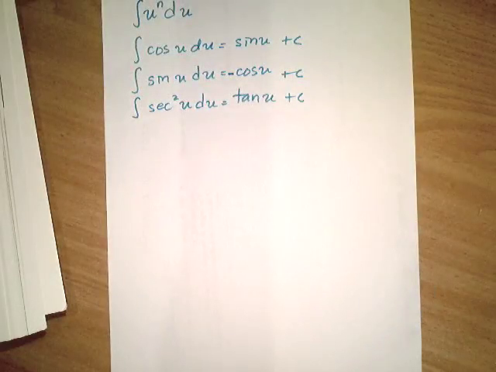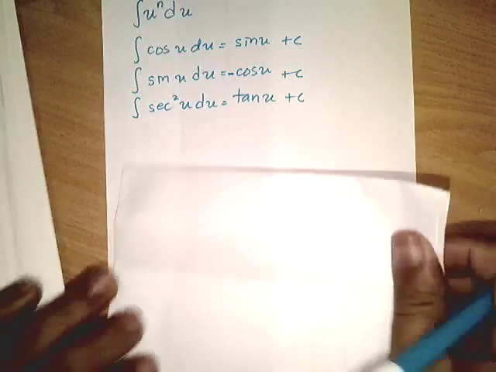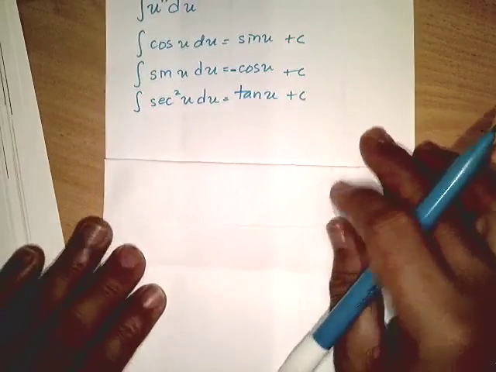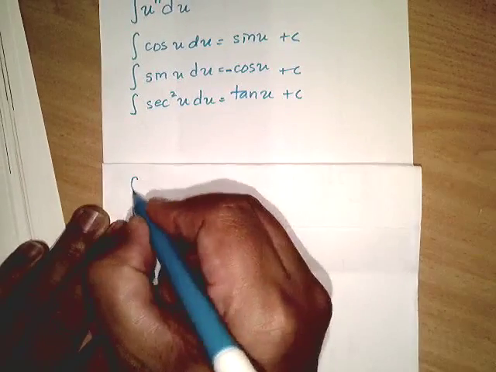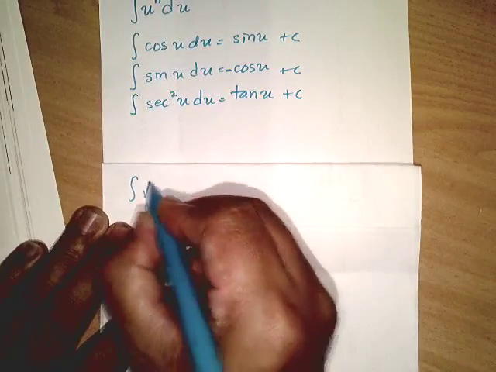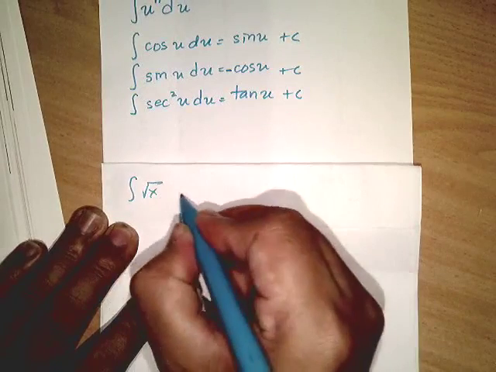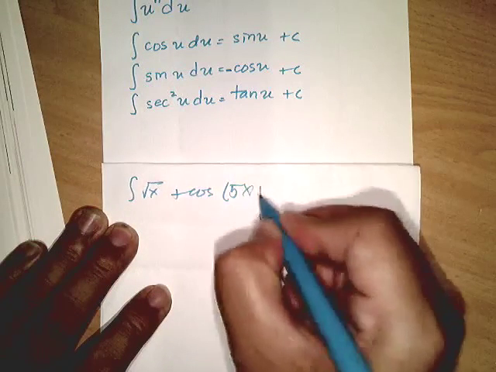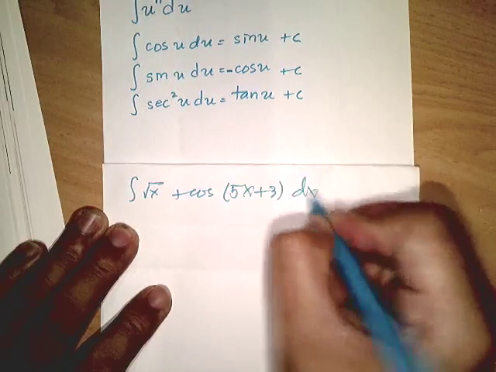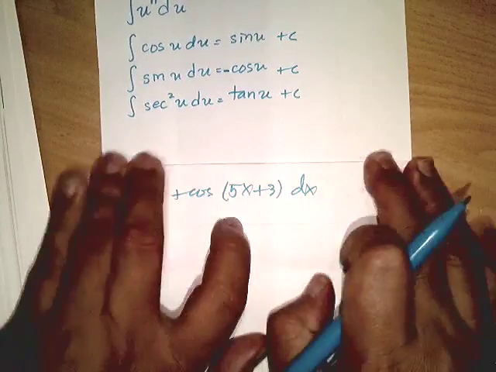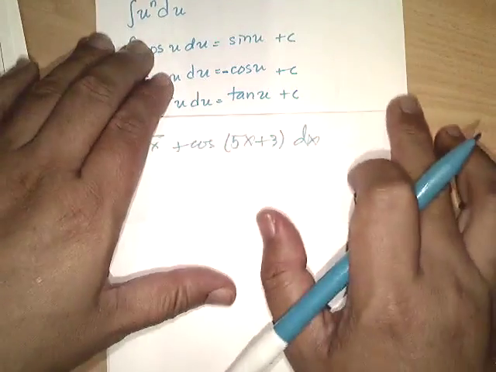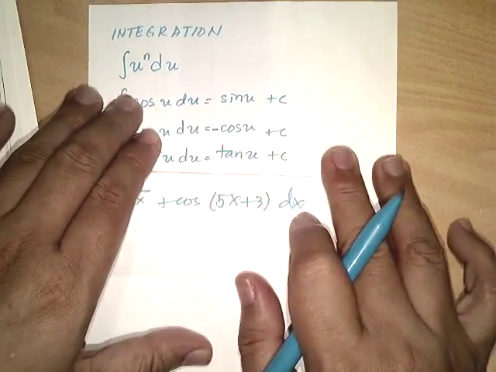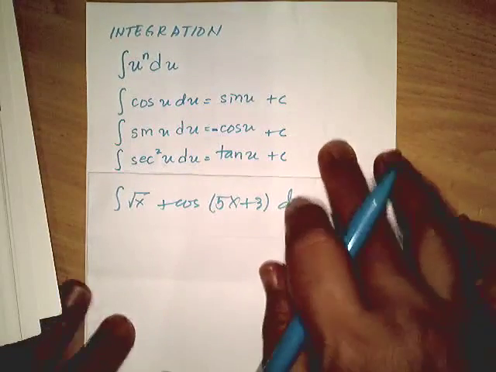Let's write up one more example. Suppose I have the integral of the square root of x plus cosine of 5x plus 3 dx. Again, what are we going to do?